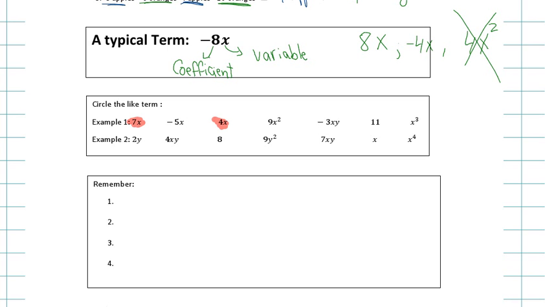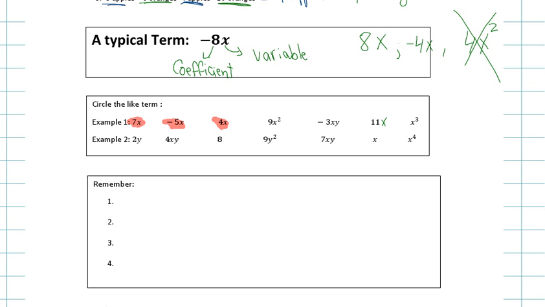Any other like terms? No. Won't 11 be one? 11 by itself, if it doesn't have an x, it's not a like term. If it was 11x, then it would be a like term. Okay? You must have the same variable and the same exponent.